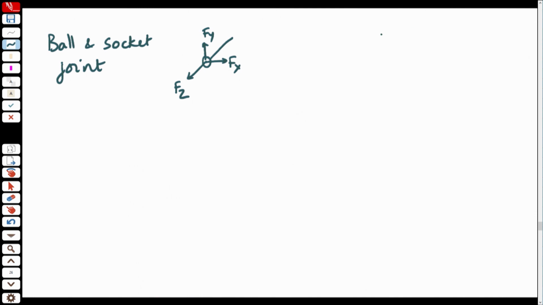And when we talk about a net force at that joint, we are talking about the resultant of that distributed force, because that is what we can measure. We can't really measure the actual force distribution across the joint. So, you will have three unknowns here, Fx, Fy and Fz.